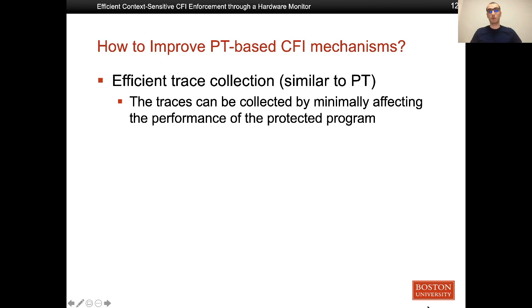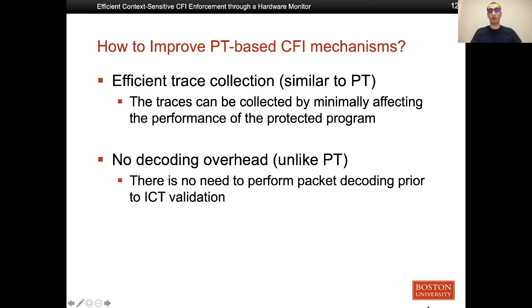How can we improve PT-based CFI mechanisms? Similar to PT, we need to collect the traces efficiently by minimally affecting the performance of the protected program, and additionally, unlike Processor Trace, we shouldn't perform any packet decoding prior to ICT validation.